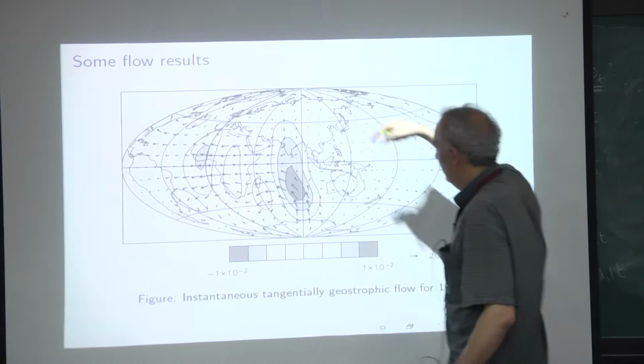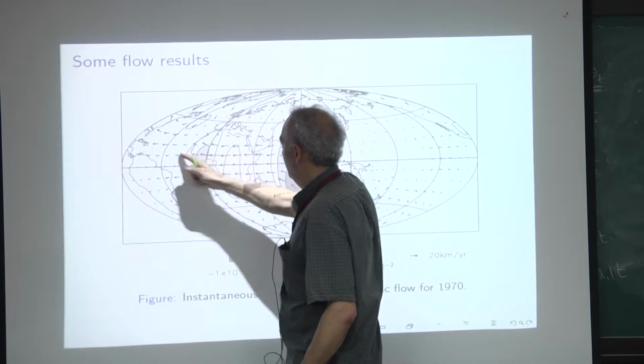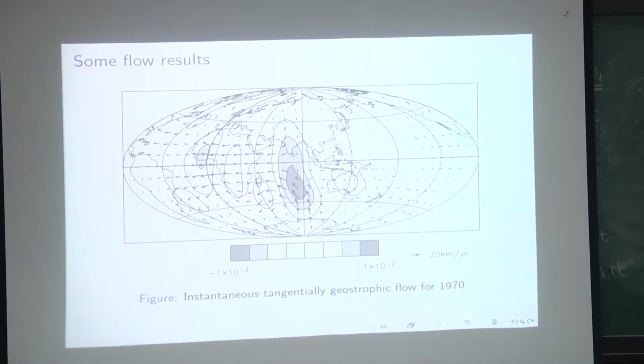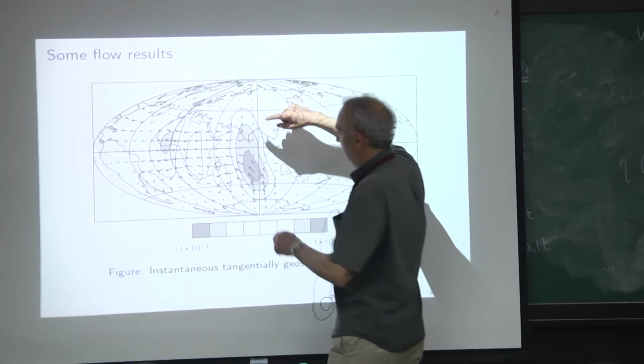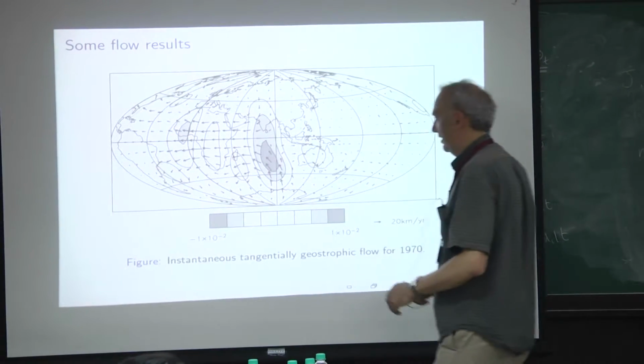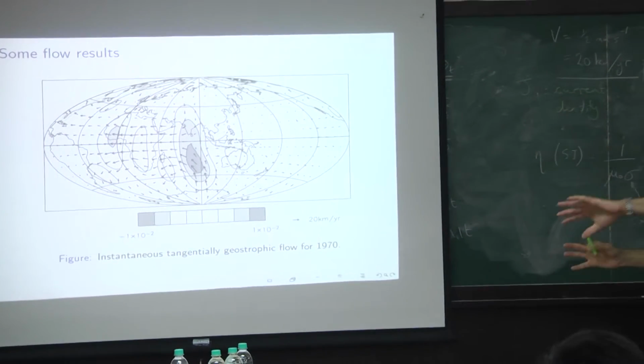And we also have this flow like this in the Northern Hemisphere. So although it's perhaps not as clear in the Northern Hemisphere, you've kind of got two big gyres taking the field with them.